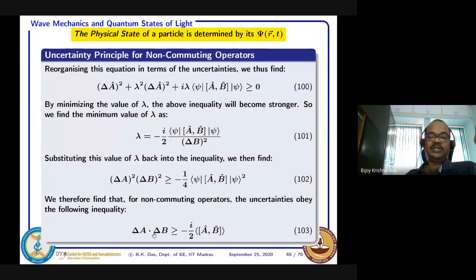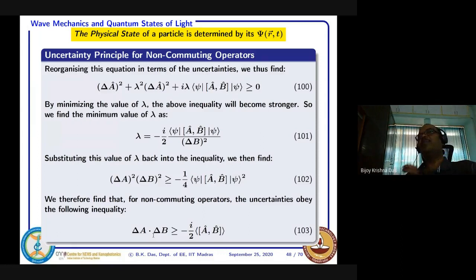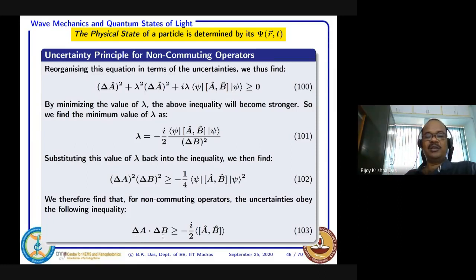And we will discuss various conjugate physical parameters, like position and momentum, energy and time. If you try to measure position and momentum, they don't commute with each other, right? And in that case, we can also find the error in momentum and the error in position. That will be the expectation value of their commutation.